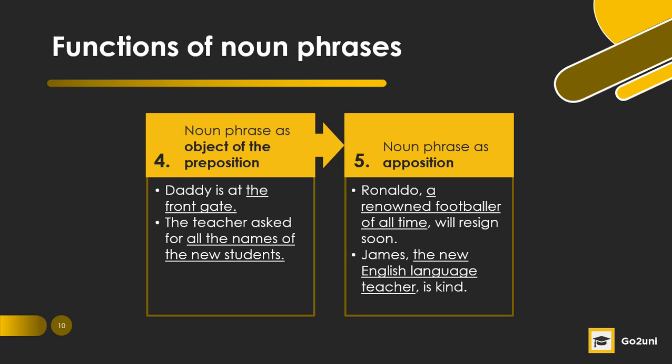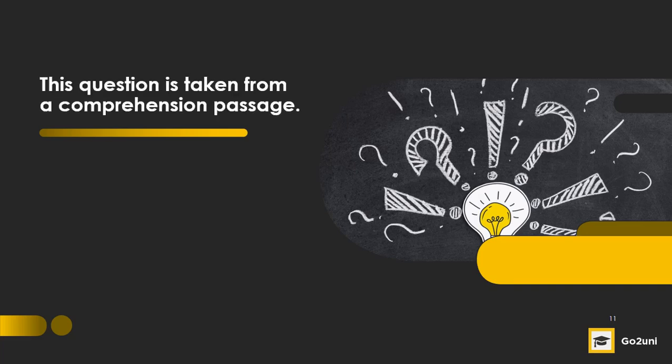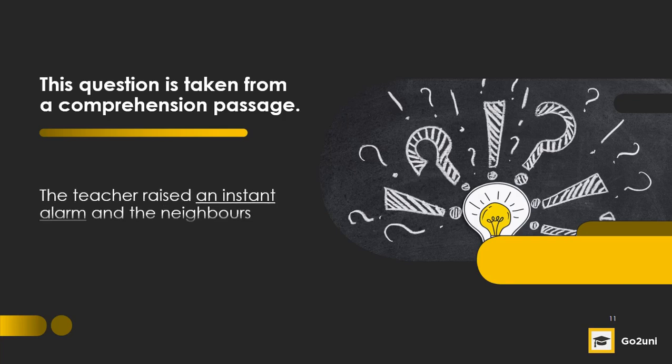Alright, so with this we have said so much about noun phrases. We've defined them. We also gave some examples of noun phrases and their functions. So let's look at one of the questions that we have here. It is picked from WAEC past questions. So let's take it.